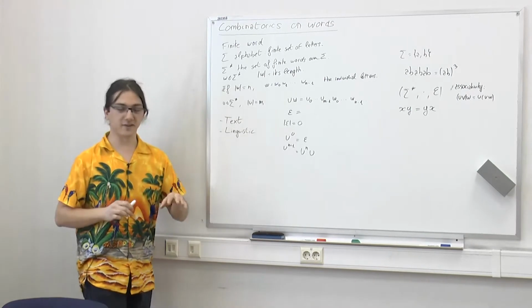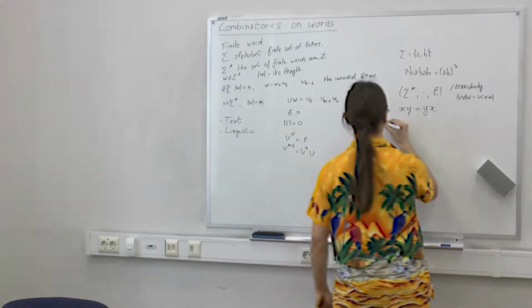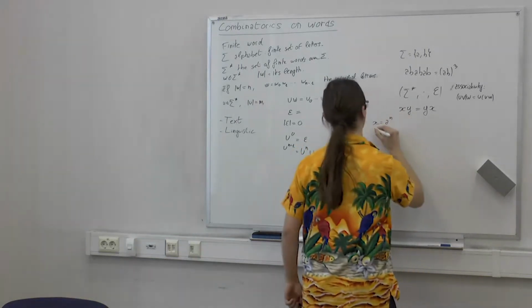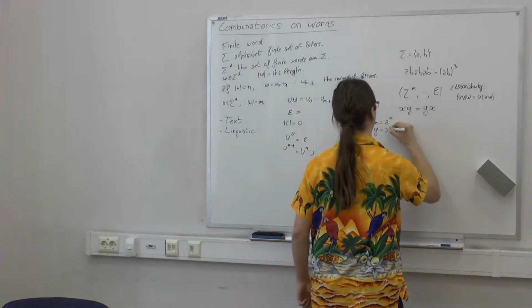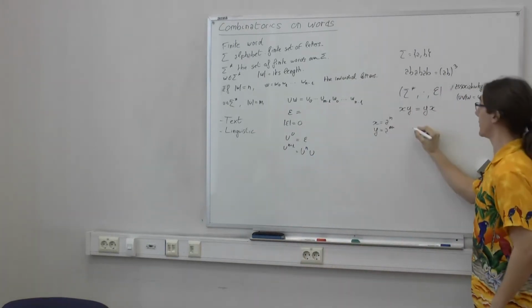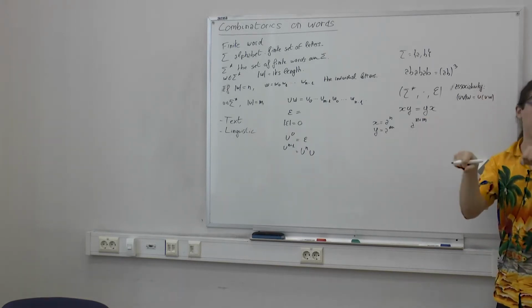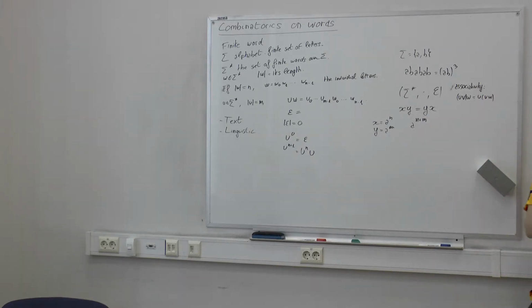The one thing that is for sure: if x is a to some power n and y is a to some power m, when you concatenate, in both cases you will get a to the power n plus m. You just pad up some a. So that for sure works.